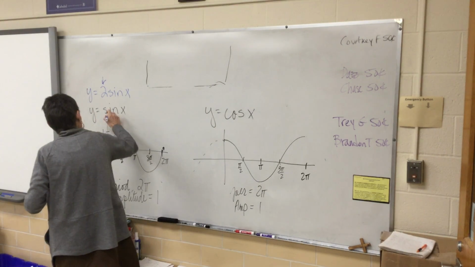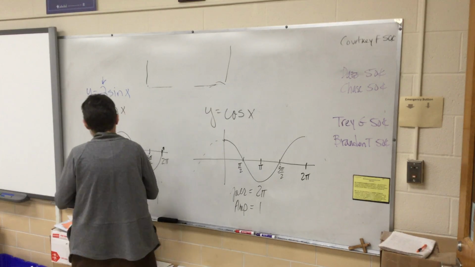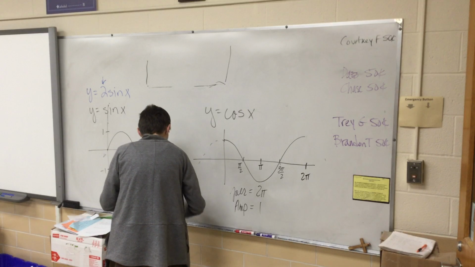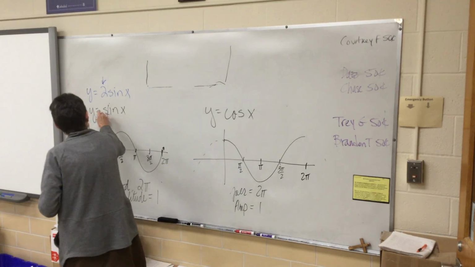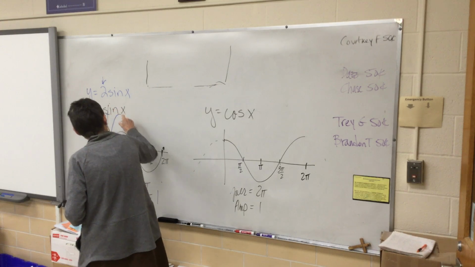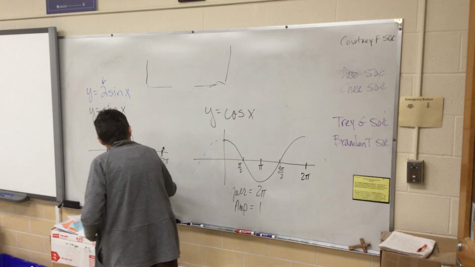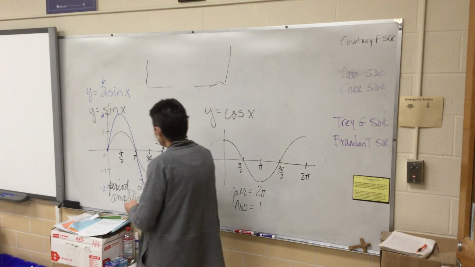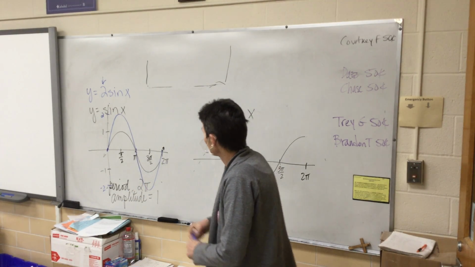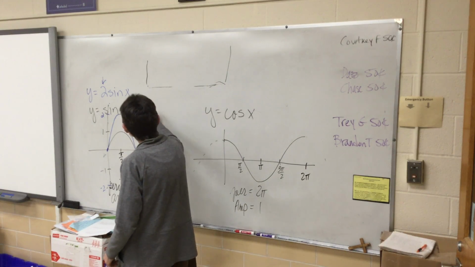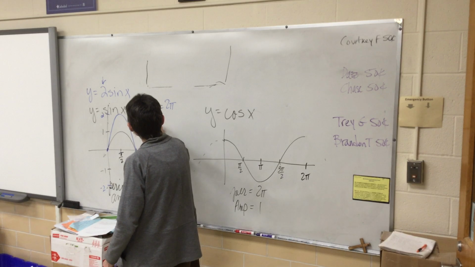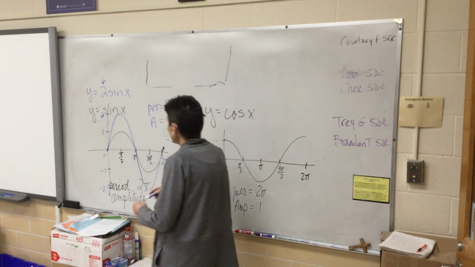So I'm going to have exactly the same shape, but now my amplitude is going to be 2. So I still start here, go up, and I still cross here, and down, and there it is. It is exactly the same picture. Its period is still 2 pi, but its amplitude is now 2.